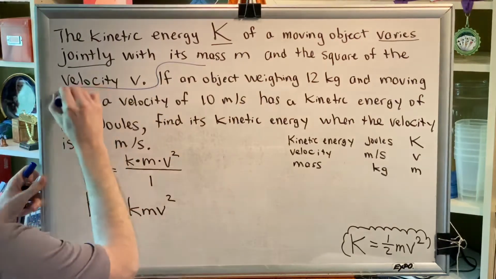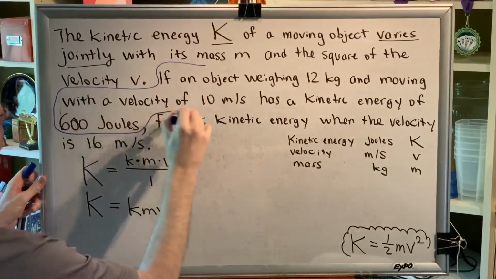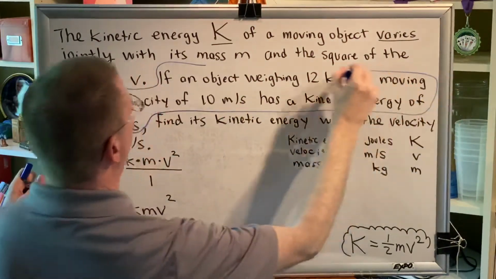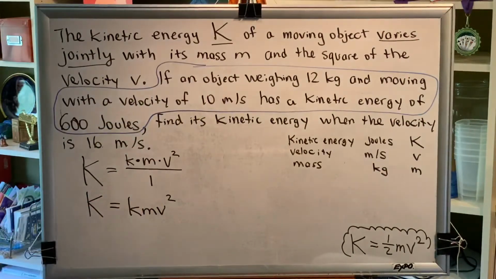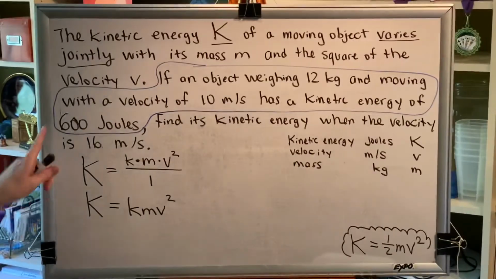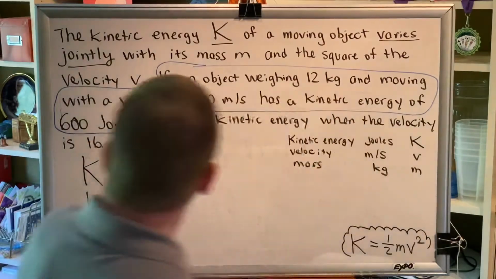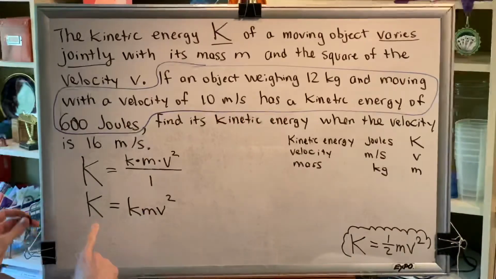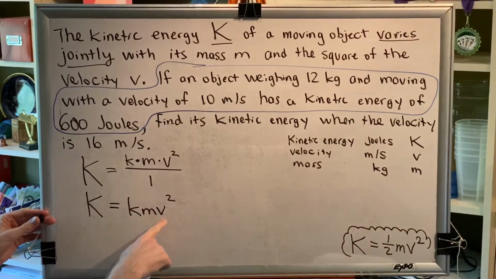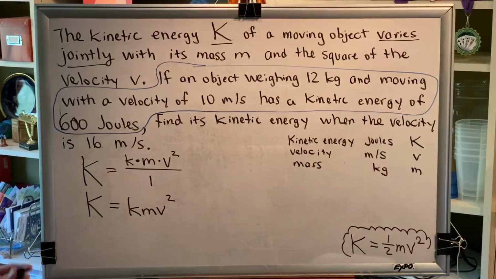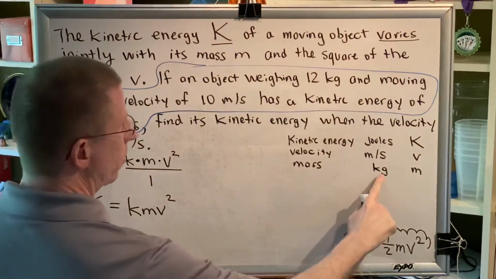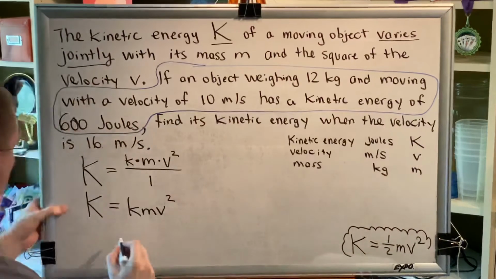In this sentence we're told, if an object weighing 12 kilograms and moving with a velocity of 10 meters per second has a kinetic energy of 600 joules, that's giving me capital K, lowercase m, and lowercase v. 12 kilograms is the mass m.